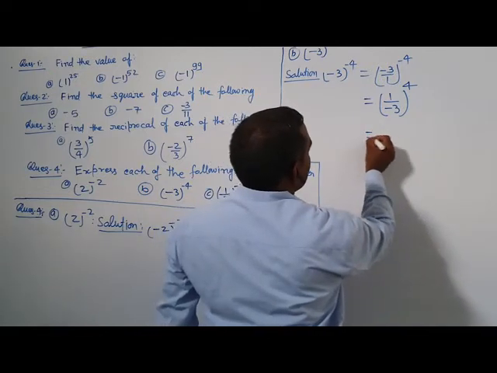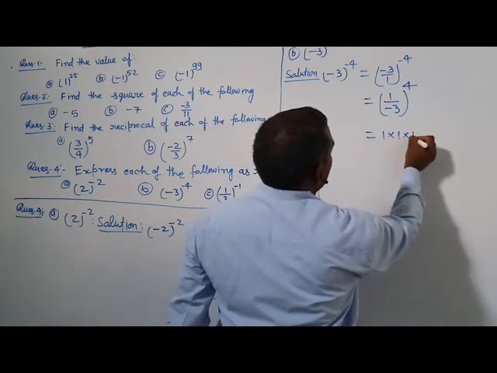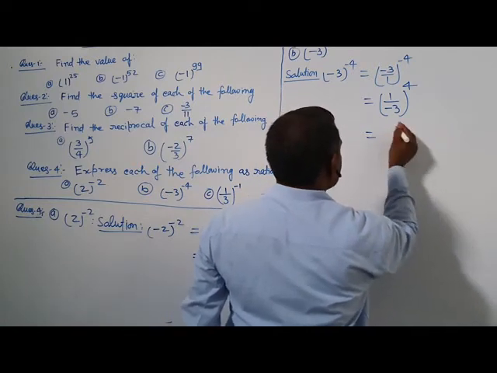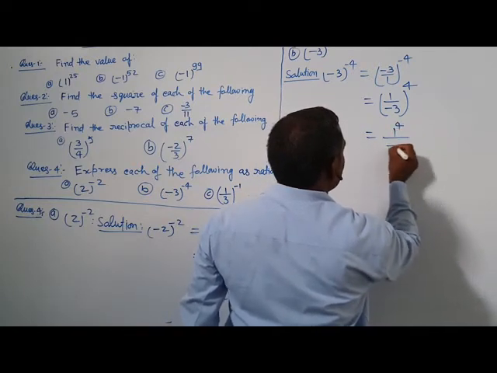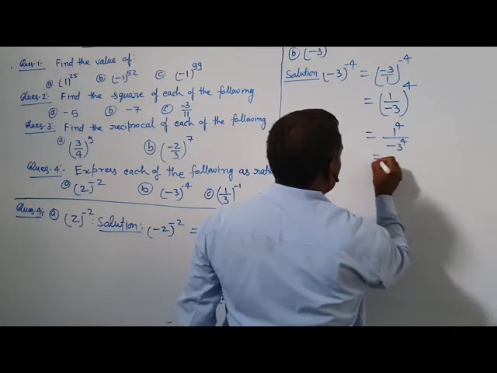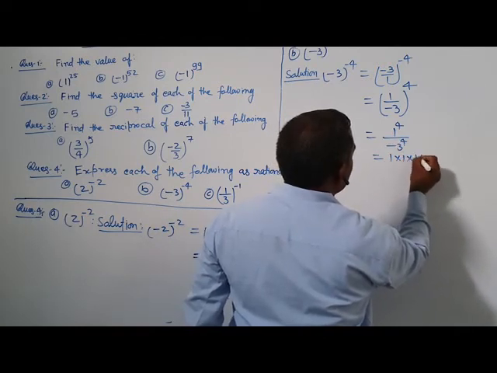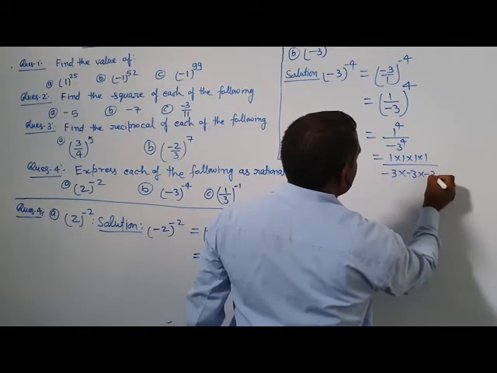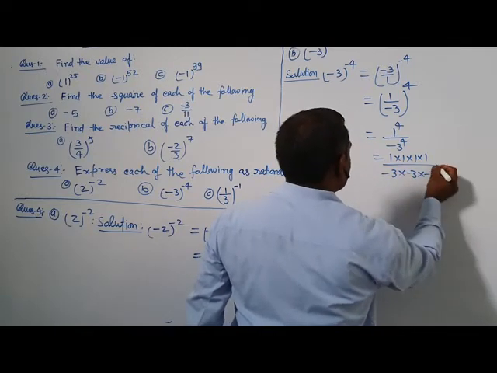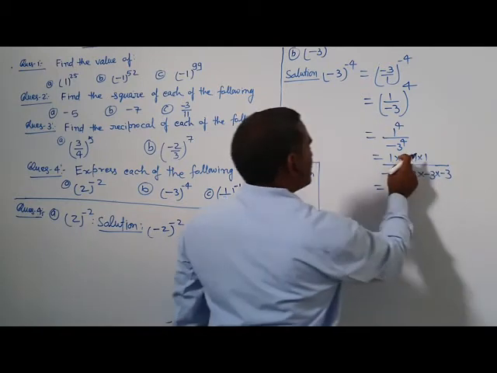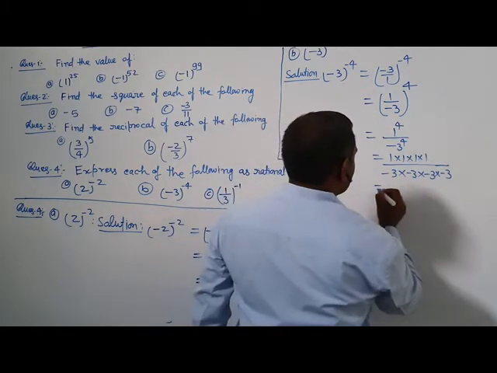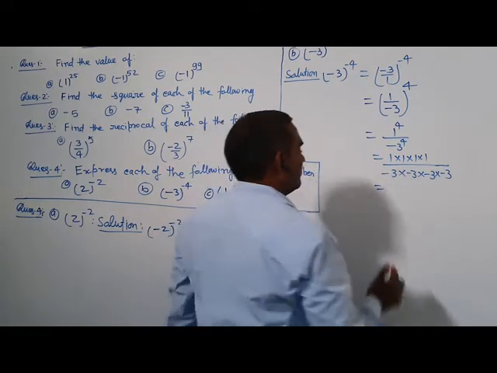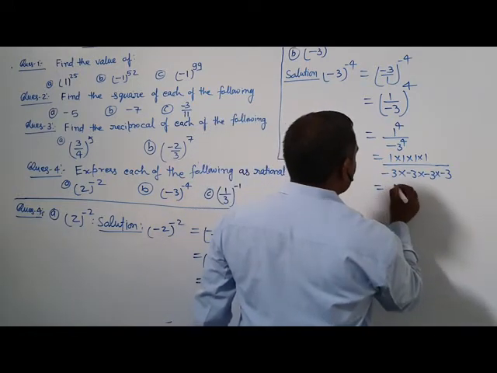Now open it. 1 into 1 into 1 into 1. You can also write 1 raised to the power 4 over minus 3 raised to the power 4. 1 into 1 into 1 into 1, over minus 3 into minus 3 into minus 3 into minus 3. Here 1 times 1 times 1 times 1, multiplying 1 any number of times, the product will be 1.